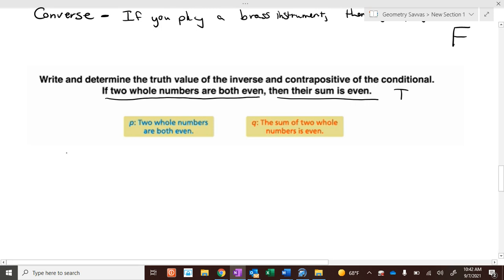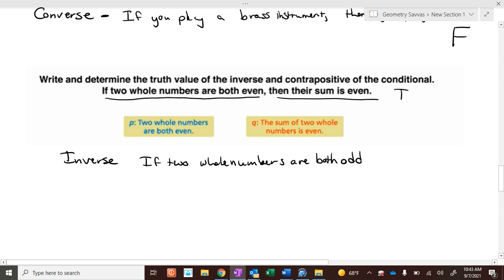If we look at the inverse of that, if two whole numbers are both... what's not even mean?